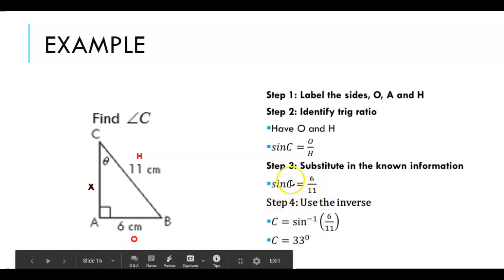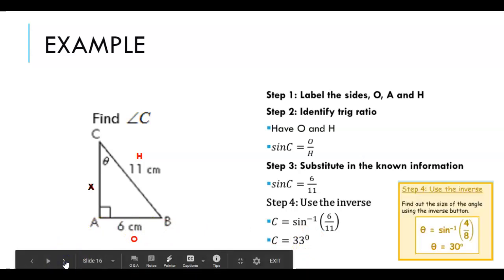And then we need to solve for angle C. We're going to use the inverse of sine of the ratio 6 over 11. Careful as you plug this information into your calculator, and you are going to get the measure of angle C, 33 degrees.